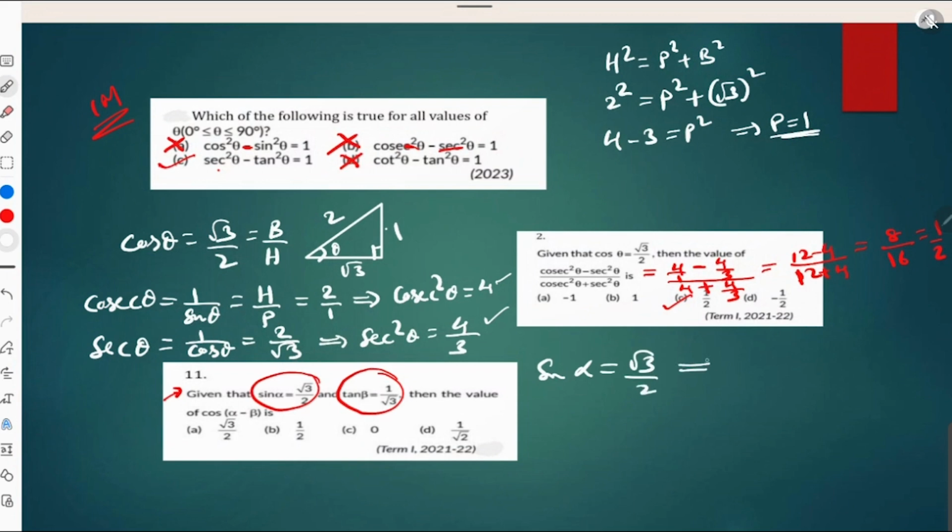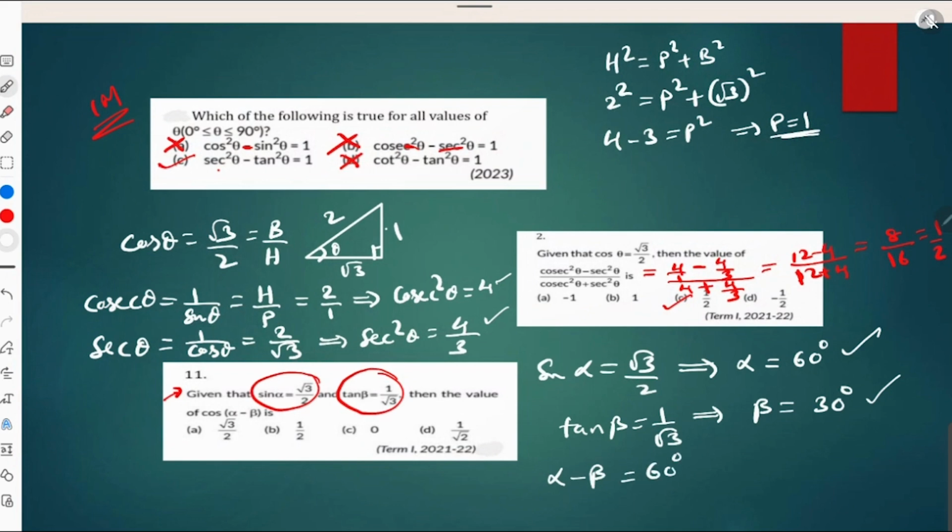From the table we have seen, sin alpha is root 3 by 2 when alpha is 60 degrees. And tan beta is 1 by root 3, so from the table, beta becomes 30 degrees. So alpha is 60, beta is 30. Then what is alpha minus beta? 60 degrees minus 30 degrees, that is 30 degrees. Okay.